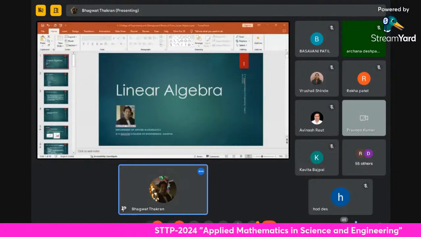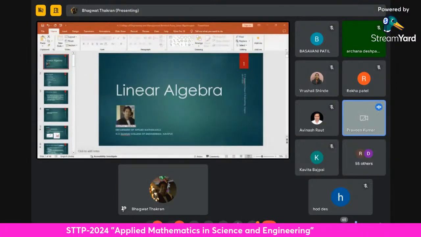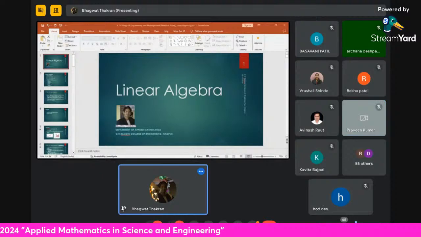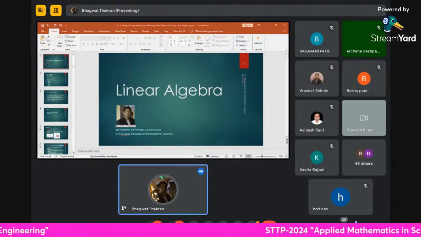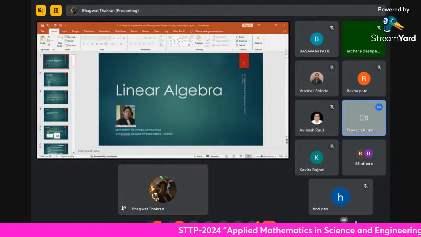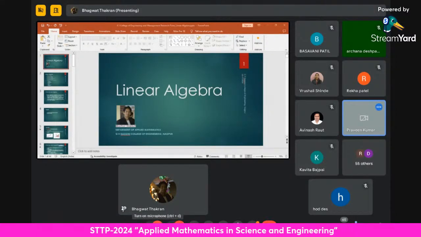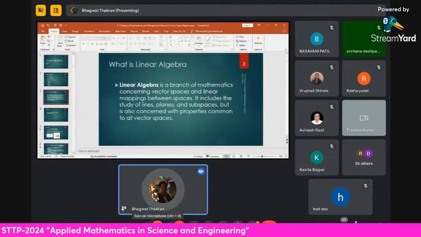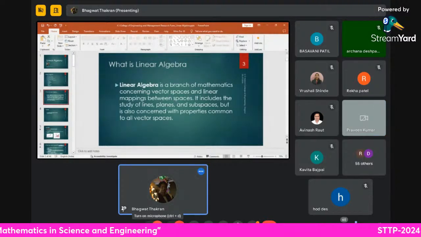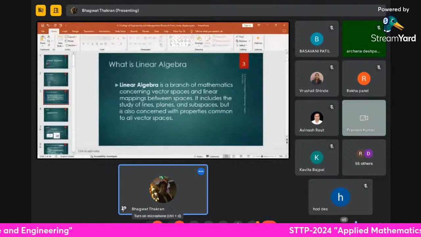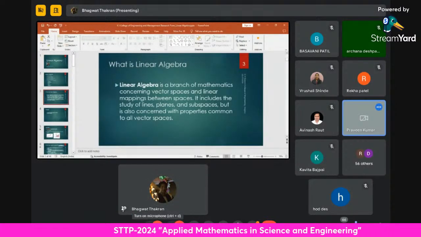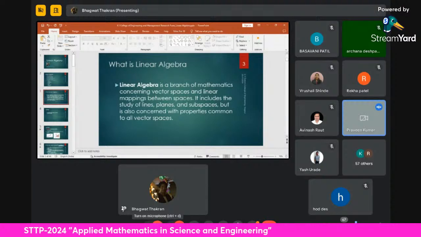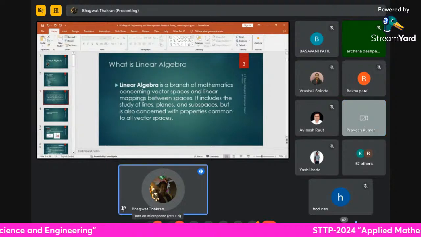Sir, kindly make it in the slideshow mode. Yes, it's going on, make it a slideshow presentation. I think in that case, just a moment. On the right side of your slide, you can see a logo. So I think I need to change this.